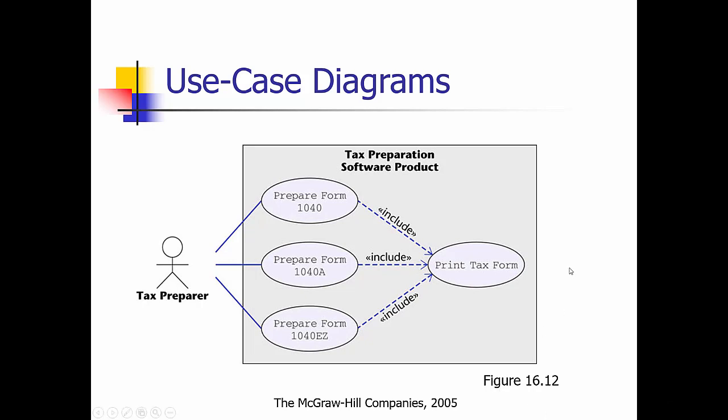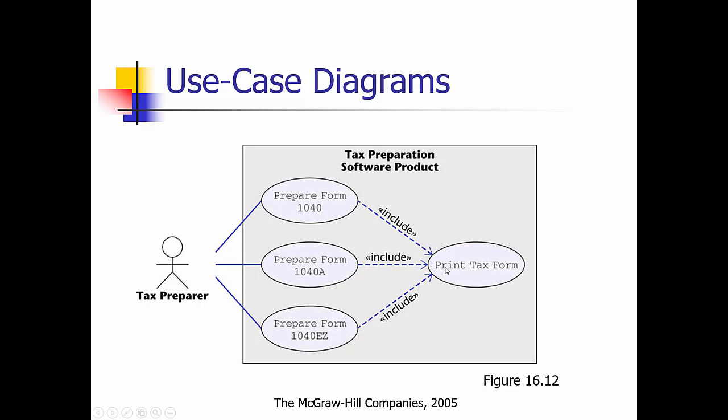So we have a system, a tax preparation software product system within the boundary. There's only one actor, the tax preparer, and there are only three main functionalities: prepare form 1040, prepare form 1040A, prepare form 1040EZ. There are steps that need to be performed within each of these ellipses, each of these use case functionalities, but all of them include this similar behavior, print tax form.